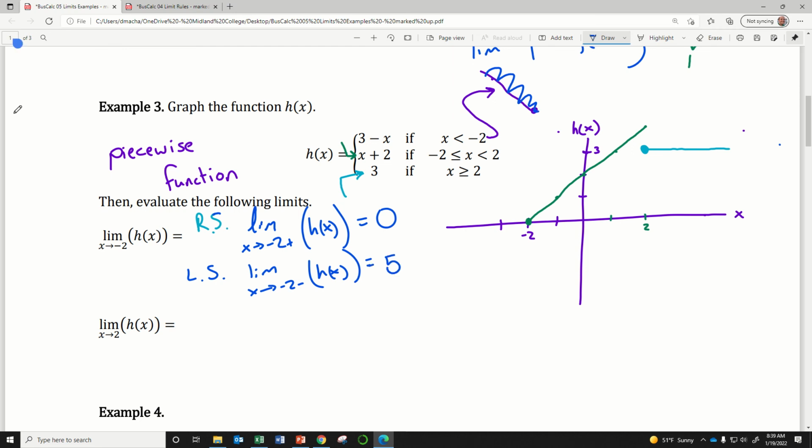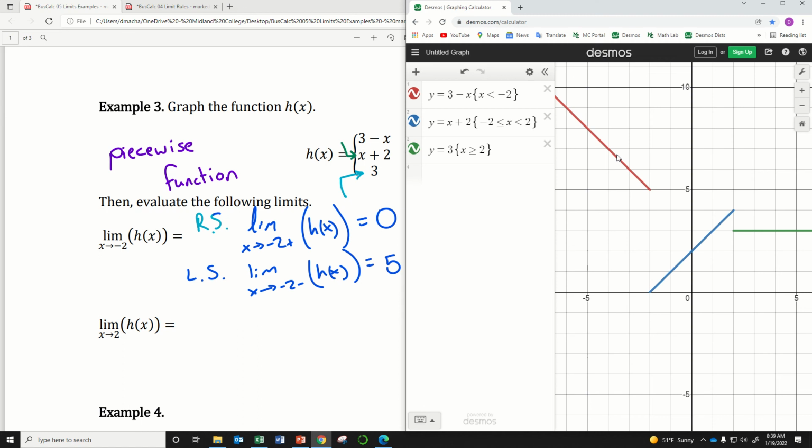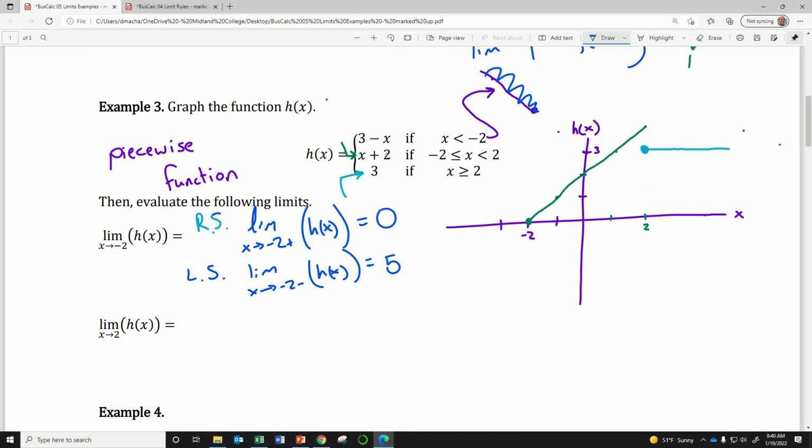That might be easier to see if I bring up Desmos again. Yeah, as I'm coming in from the left here, I'm approaching this value here at negative 2 comma 5. And so since the right side and left side limits don't agree, since 0 is not equal to 5, that means this two-sided limit that it's asking for does not exist.